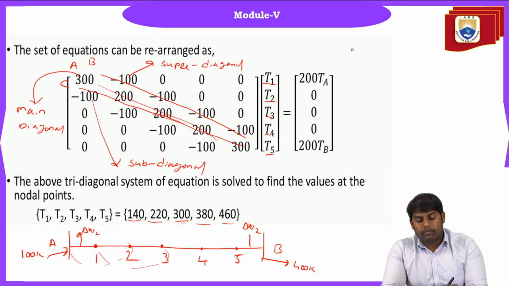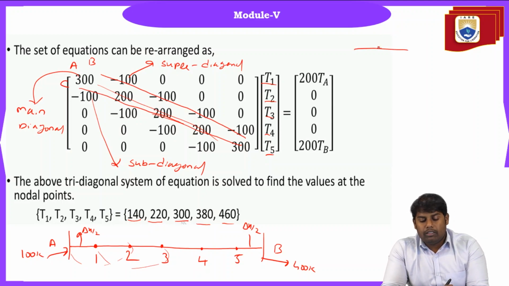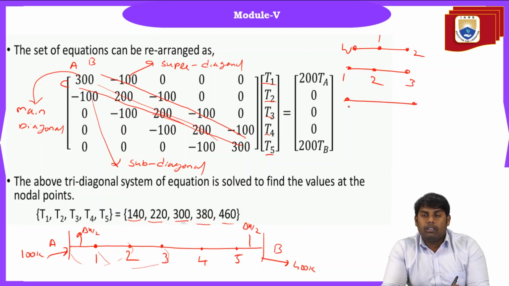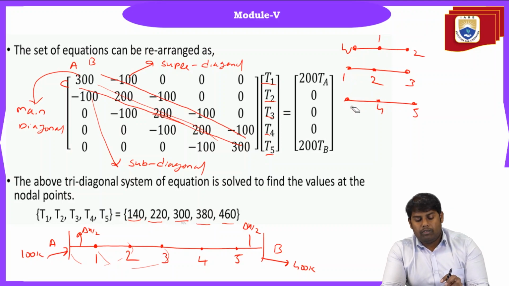This is the first element, with 1 and 2. The next element is 1, 2, 3, the second element. Then we have 3, 4, 5.